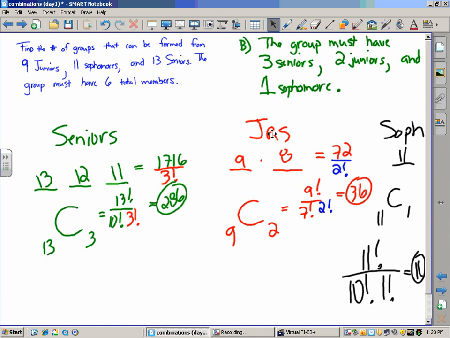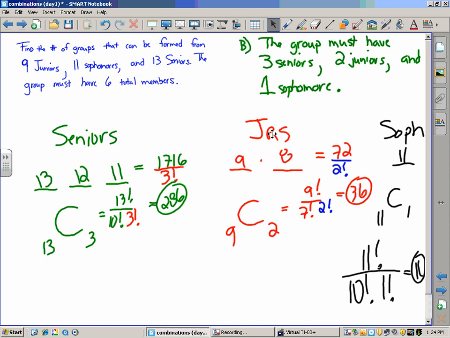Now, what you have to realize here is I could have set A of seniors and set A of juniors, or I could have set A of seniors and set B of juniors. If I have different sets, I have to multiply the different ways that I can combine them together. You're not just saying I have this many here, plus this many here, plus this many here.